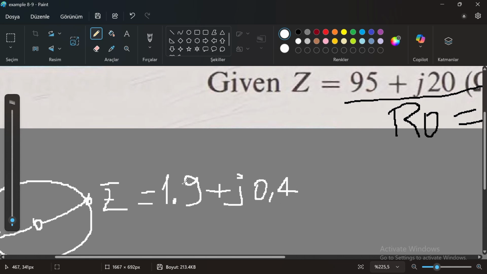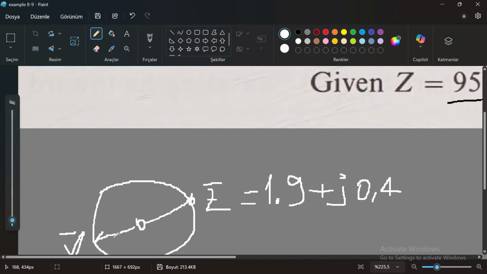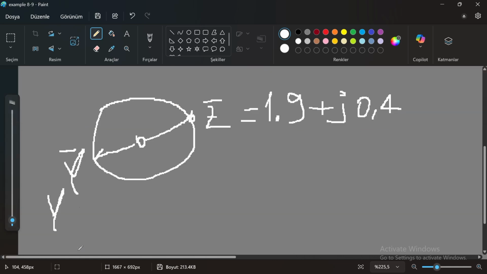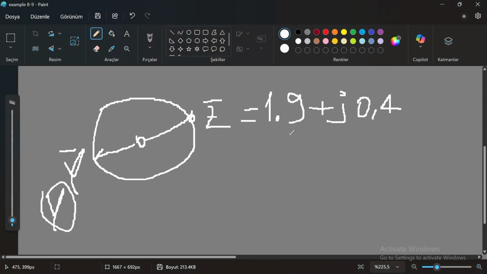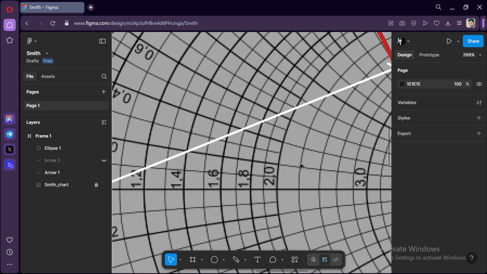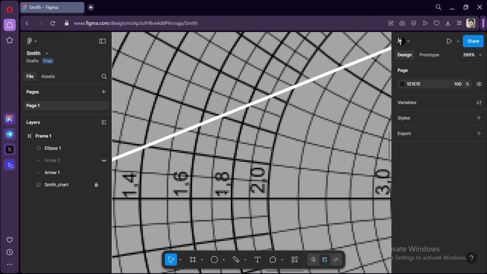We will find this on the Smith chart and rotate 180 degrees, so we will have our normalized admittance value. After that, we can find the admittance. Now let's go to the Smith chart. 1.9 real value, which is this 1.9.